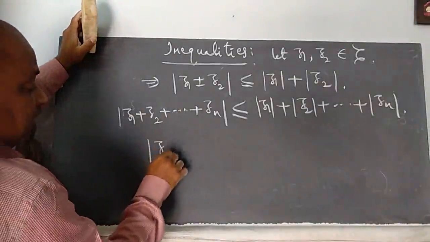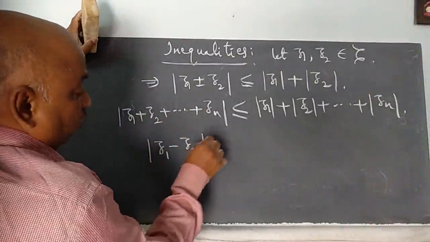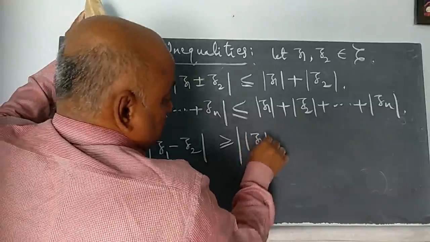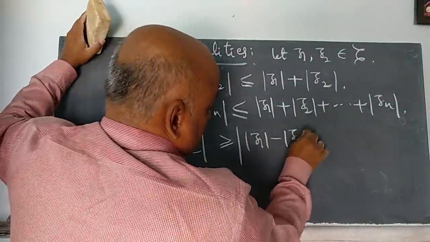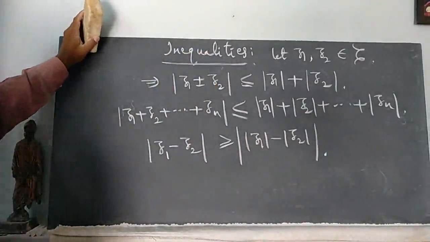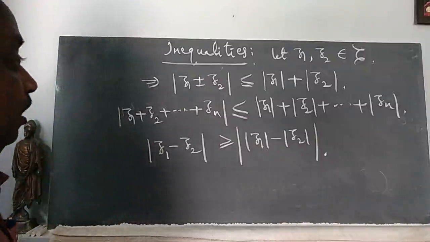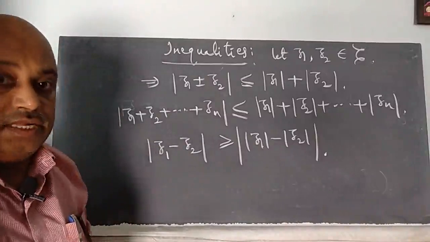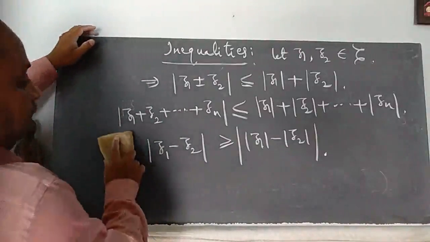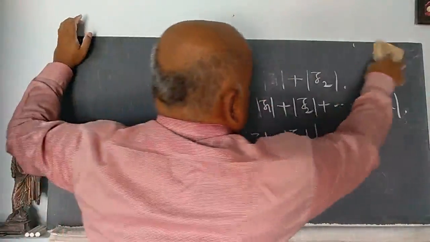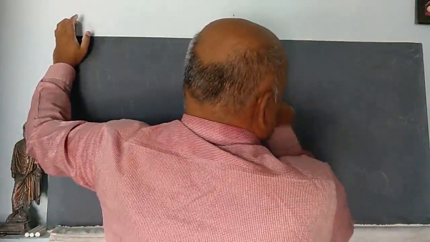Again, mod z1 minus z2 is always greater than or equal to mod of mod z1 minus mod z2. So these are the inequalities defined over the modulus of z. Here we see some more important points, some more important formulas.